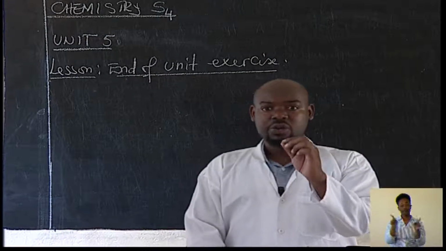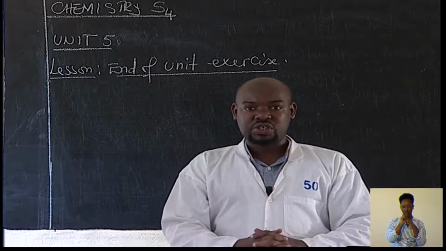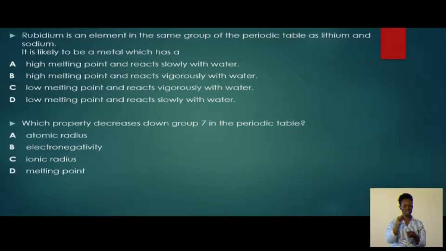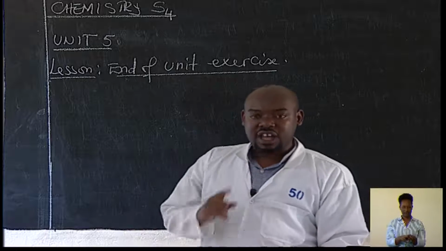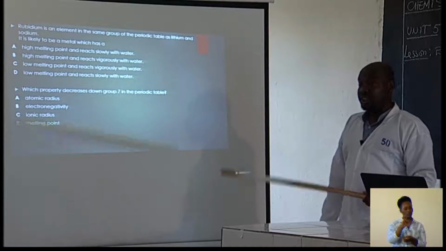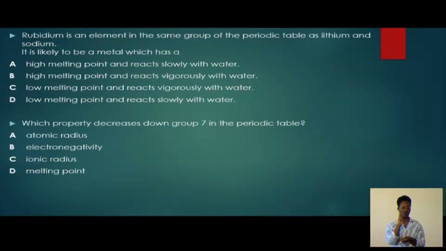As we move down the group, ionization energy decreases. So it is easier for rubidium to lose the electron than either sodium or lithium. So what happens is that rubidium will react more vigorously than any of the two, sodium or lithium.